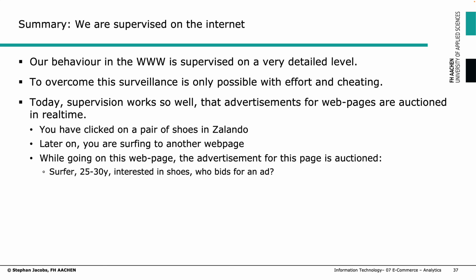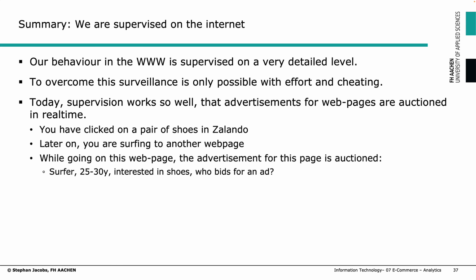Today's supervision works so well that advertisements for web pages are auctioned in real time. So if you, for example, have clicked on a pair of shoes in Zalando, you are identified as a person who is interested in shoes. Later on, you are surfing to another web page which displays ads.